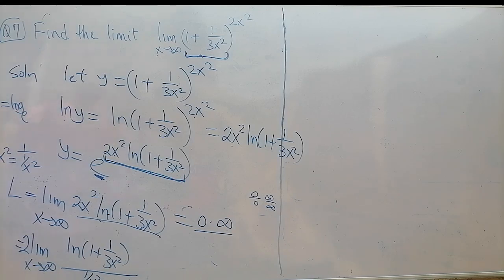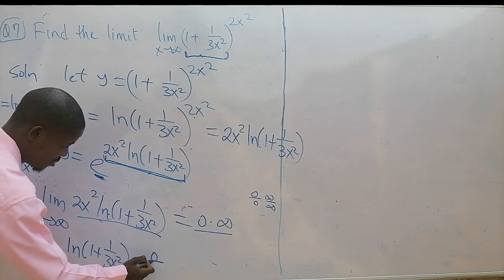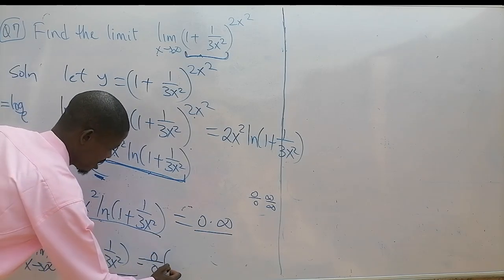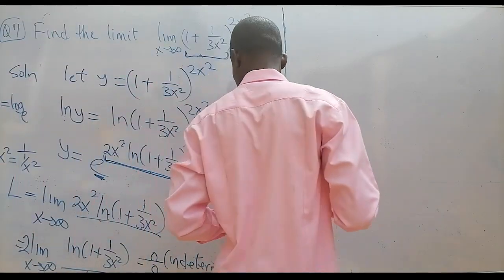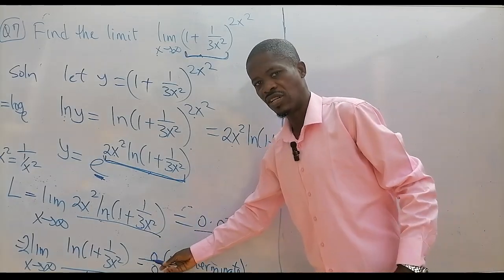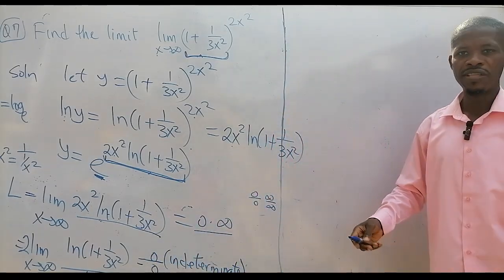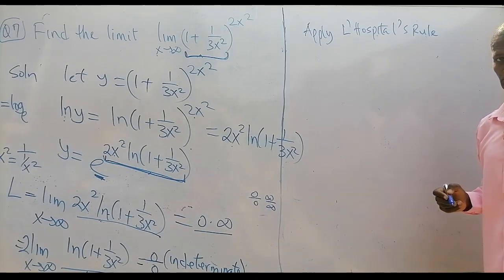Can you do your direct substitution? 1 over infinity is 0, and the numerator also gives 0, so that's 0 over 0, which is indeterminate. Is that the end of the road? No. When your limit gives you either 0 over 0 or infinity over infinity, apply L'Hopital's rule.